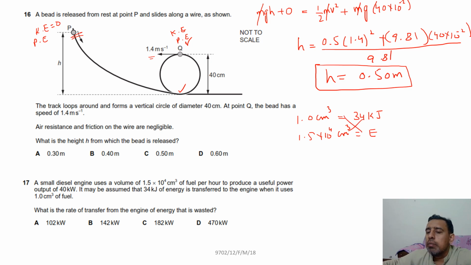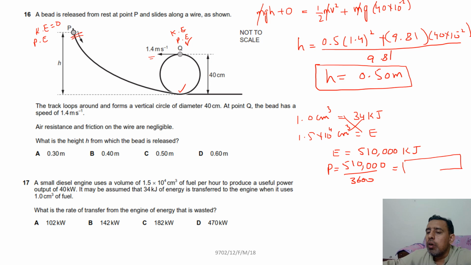So by cross multiplying these two things, the energy is 510,000 kilojoule. This is the input, and if we get the power, then it is 510,000 divided by 3600, means this energy is delivered in 1 hour.